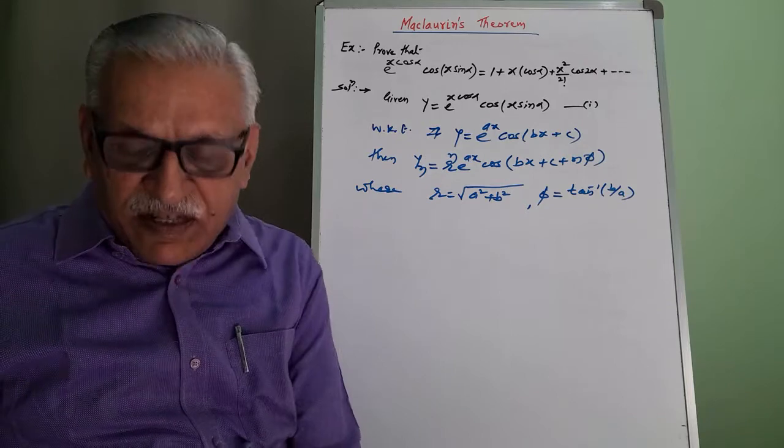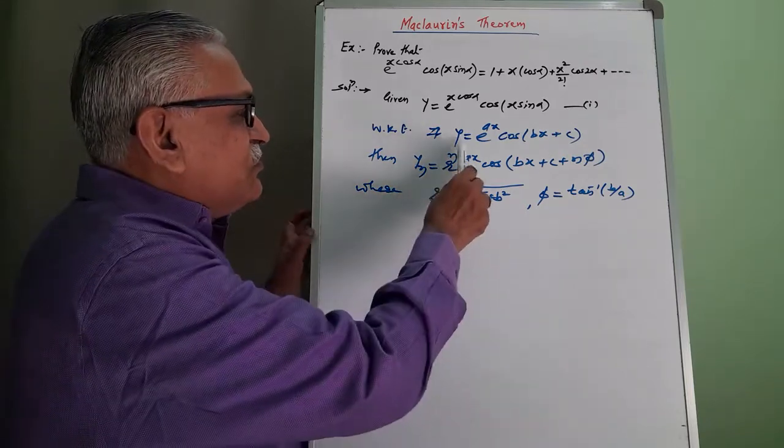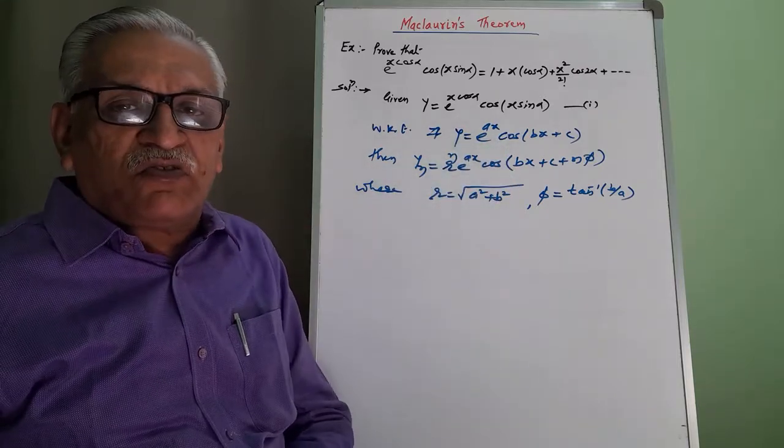This is the standard result to find the nth derivative of a term in the form y equals e raised to ax into cos of bx plus c.